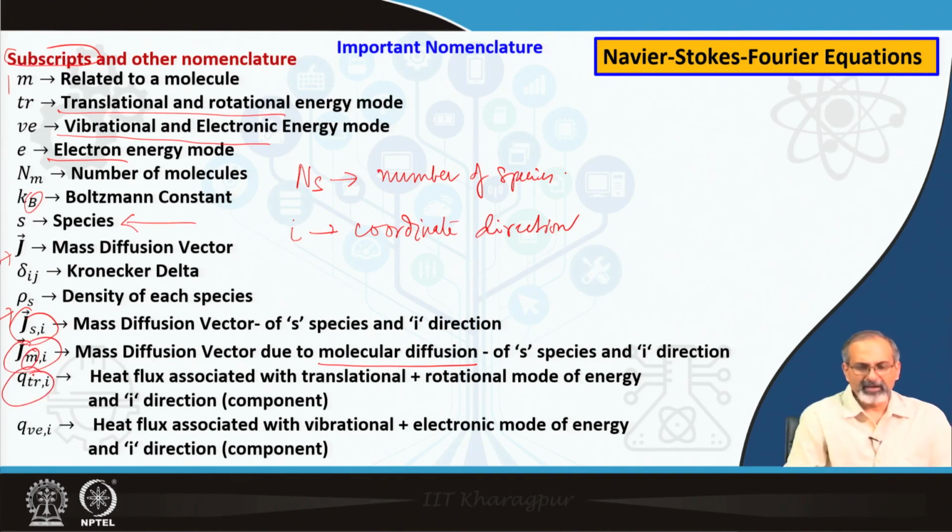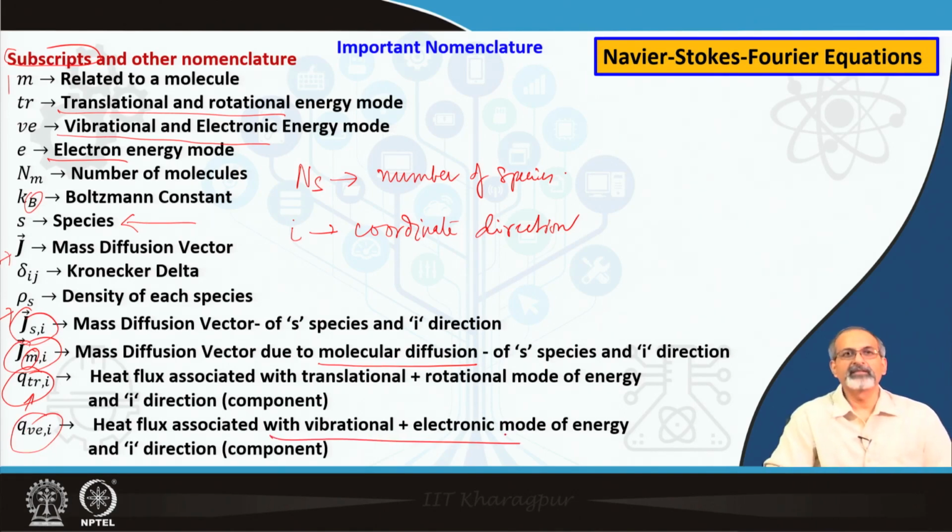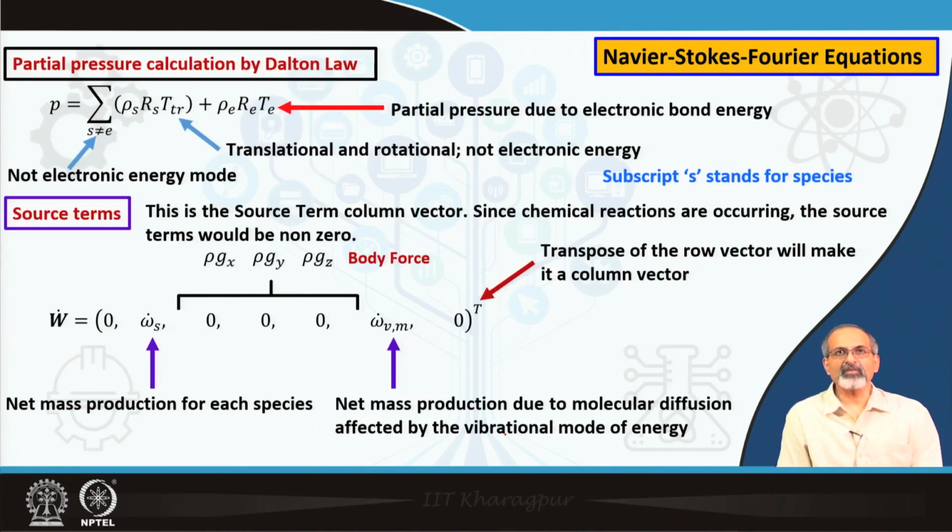The heat flux associated with translational and rotational mode of energy and i direction, that means the component, will be indicated by this. So, one part gives you the information about translational and rotational, the other gives the i direction. Similarly, the heat flux associated with vibrational and electronic mode of energy and i direction will be given by Q, V, E, comma i. So, there are a lot of nomenclatures involved here, most of them are mentioned here for quick reference.